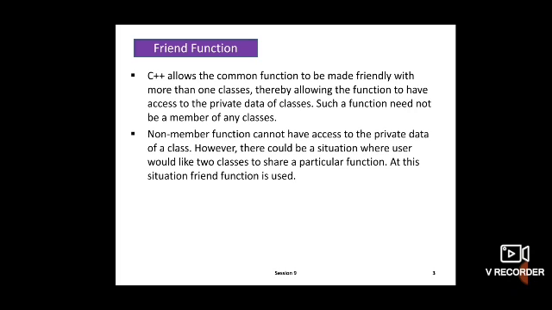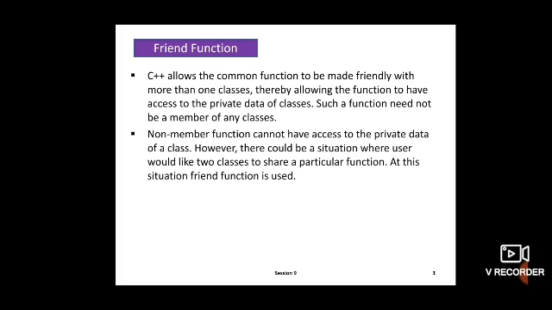A non-member function cannot have access to the private data of a class. Suppose you want to access data of one class from another class, but that data is declared private; in that situation you can't access it. If the function is not declared in the class, it is a non-member function, so it can't access that private data.